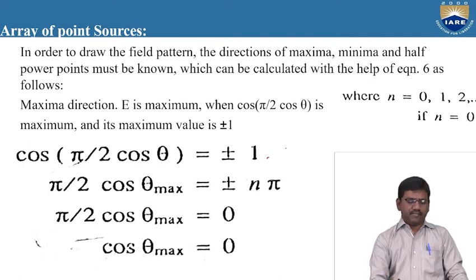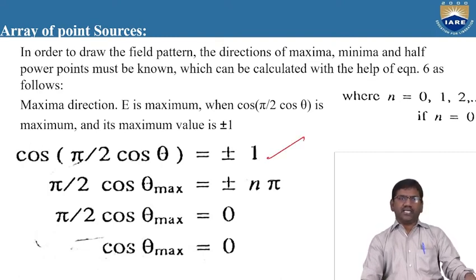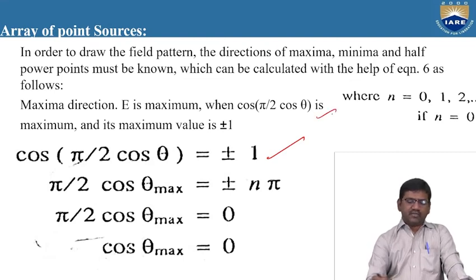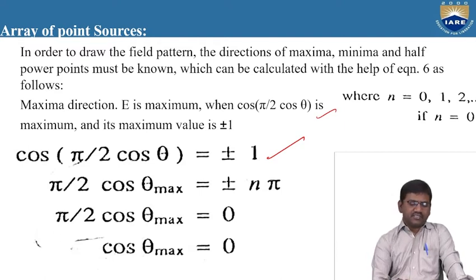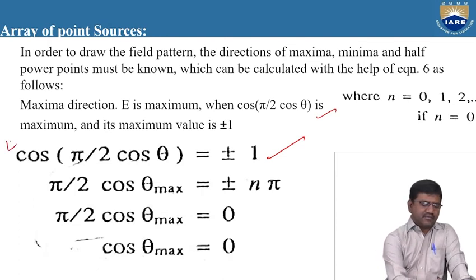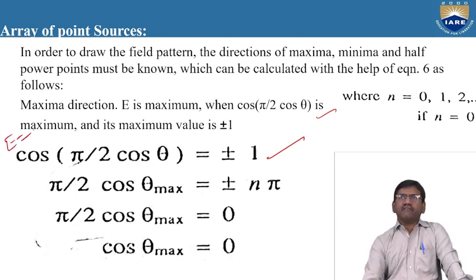Let us take the function to find the maximum direction. E is maximum when cos of (π/2 cos θ) is maximum, and we know that the maximum value of cos is plus or minus 1. So under this condition, cos of (π/2 cos θ) is equal to plus or minus 1.